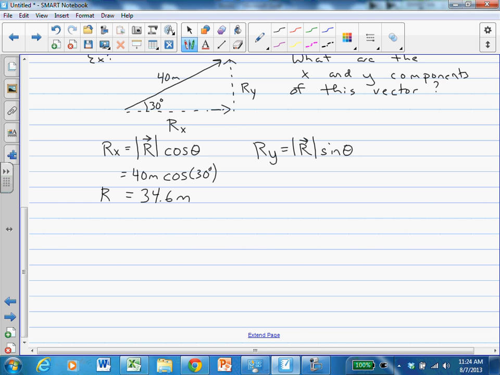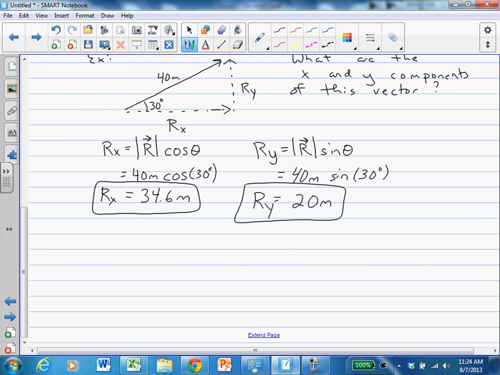And for the y component, it would be 40 meters times sine of 30 degrees, which would be equal to 20 meters. Okay? So of the 40-meter vector at 30 degrees, 34.6 meters is in the x direction and 20 meters in the y direction.